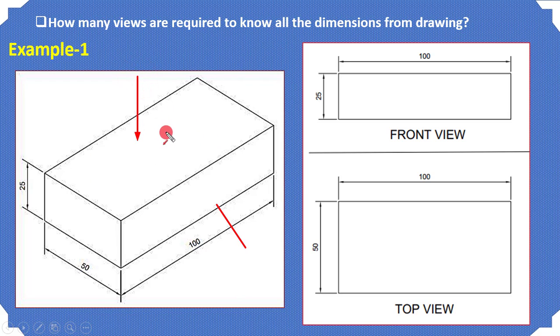When you look at this object from the top, it will look like a rectangle of size 50 by 100, which is shown here. If you look at this object from this side, then it will look like a rectangle once again, of size 25 by 100, which is shown here.